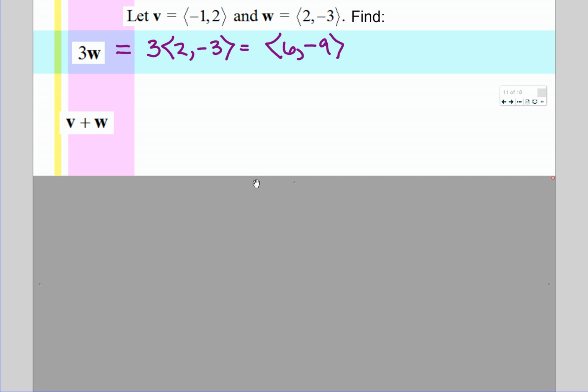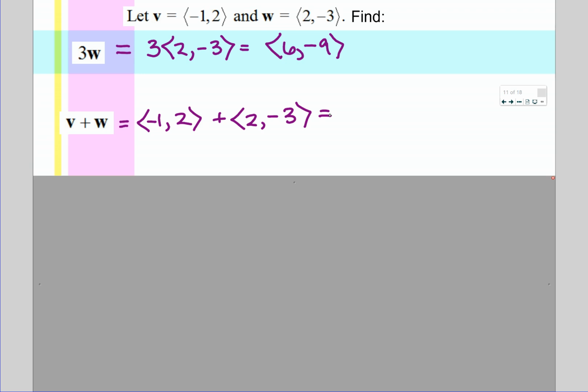If I want to do v plus w, so we did that earlier with a sketch geometrically. Vector v is -1, 2. Vector w is 2, -3. Think of this like combining like terms. The first components are your x values, so your horizontal. The second components are your y values, your vertical.